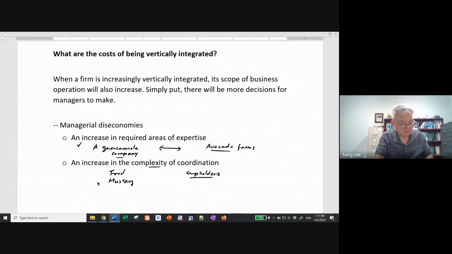So that's the problem. Relative to the benefits of vertical integration, the cost of vertical integration is less clearly defined. Also, in general, we can say the cost of being vertically integrated is any kind of inefficiency associated with the increased scope of a business operation.